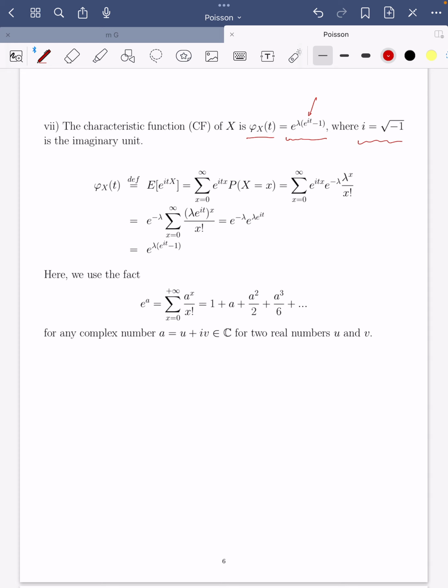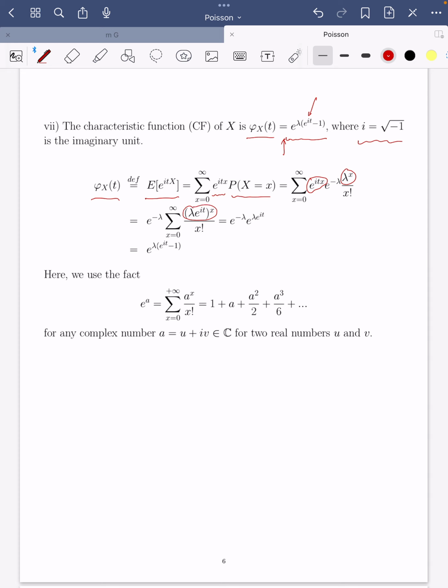To see this fact, the characteristic function is defined as the expectation of e to the i times t times X. So this is equal to the summation of this function value times the probability mass function. Just plug in this value, and we find out that we can combine this term e to the itx with lambda to the power x in this form.